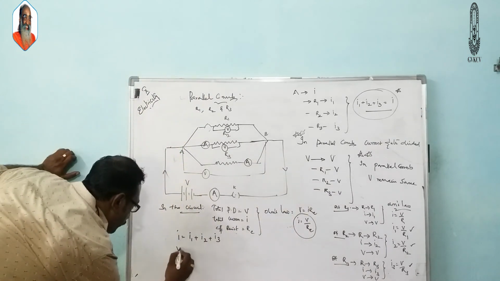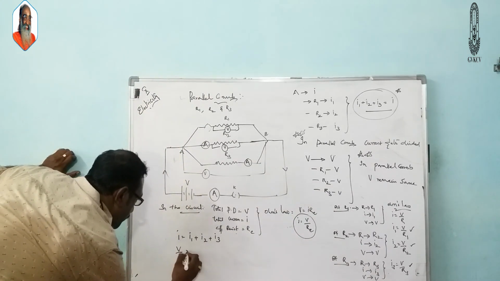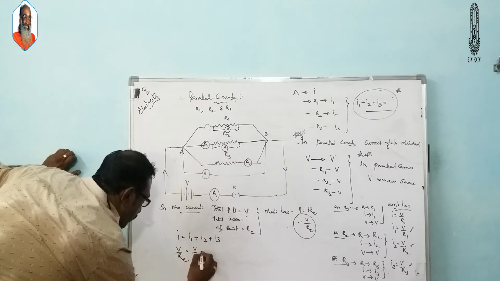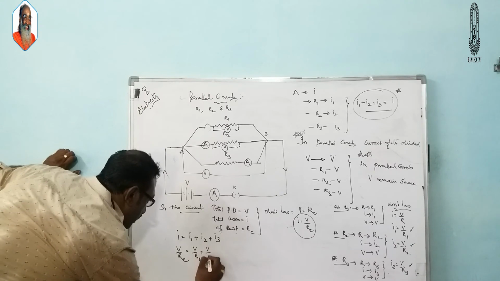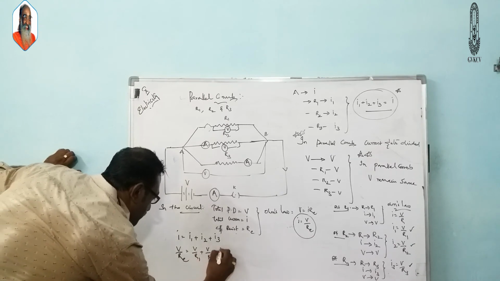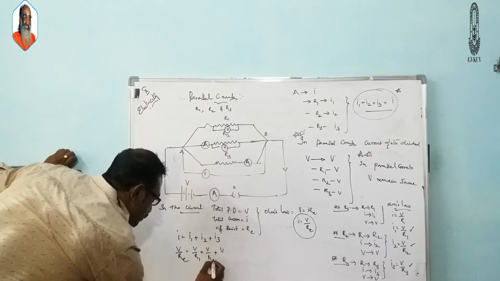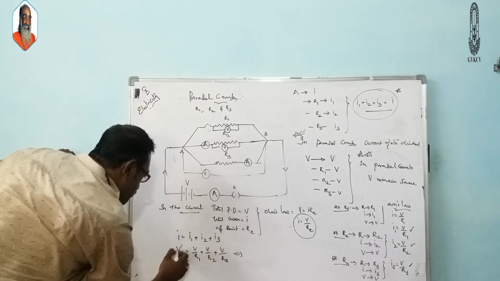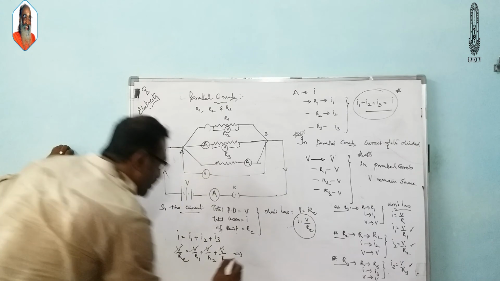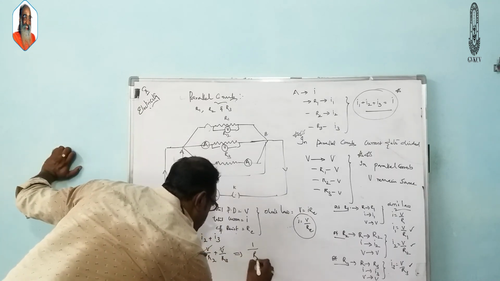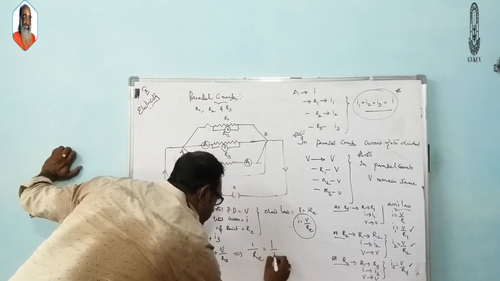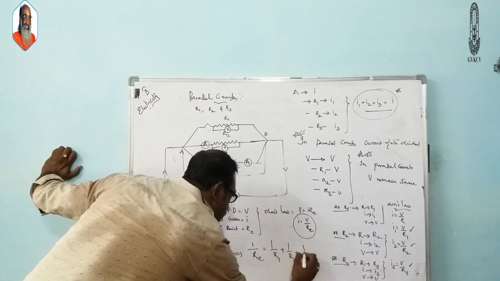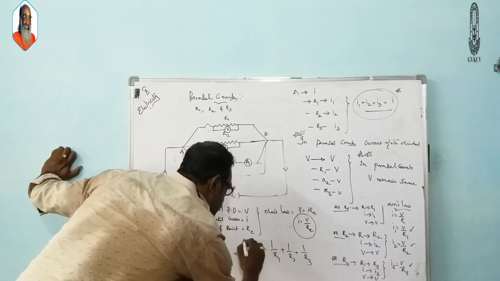It is V by RE. What is I1? V by R1. What is I2? V by R2. And I3 is V by R3. In this, V is common, so we get 1 by RE is equal to 1 by R1 plus 1 by R2 plus 1 by R3.